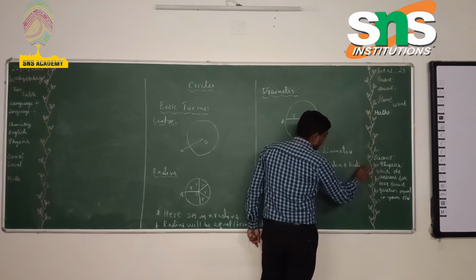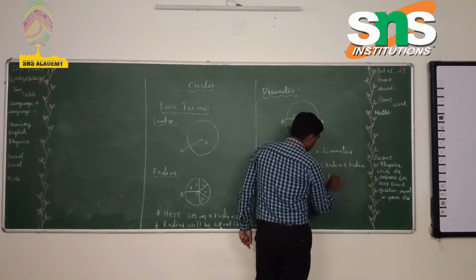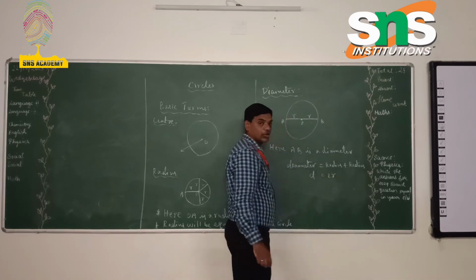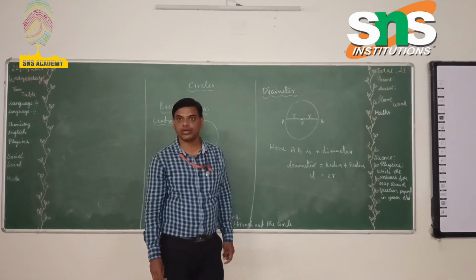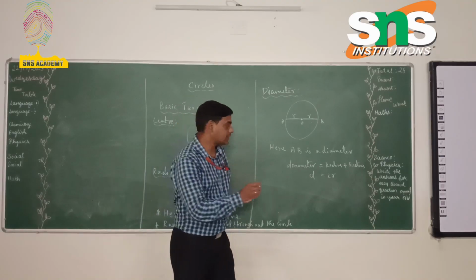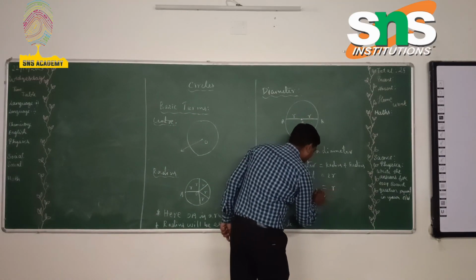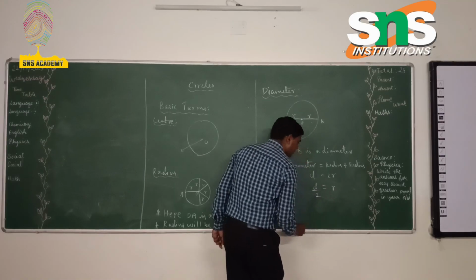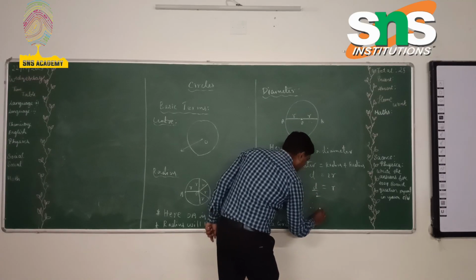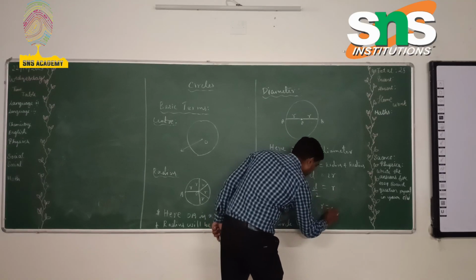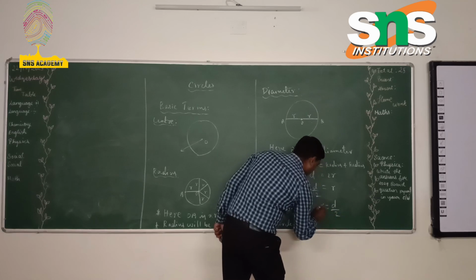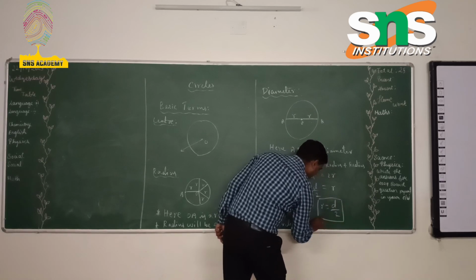We have two radii. Therefore, diameter is equal to 2r. Or else, if you are going to find the radius, radius is equal to diameter by 2. Therefore, r is equal to d by 2. That's what we used to say, that radius equals diameter by 2.